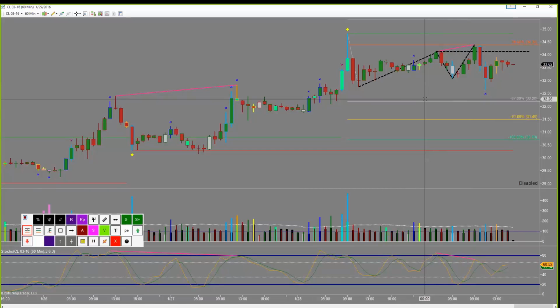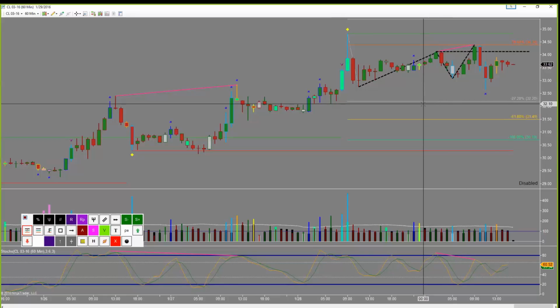Okay, so we have a lot of different things that come together, and it's like building confluence. The more we have in favor of the trade, the higher we would rank that trade and its probability of working out. And then we would define our exits and our targets based on the wave structure and based on the size of the channels.